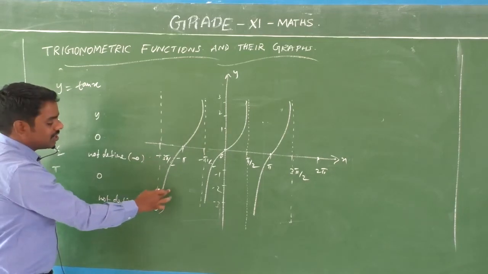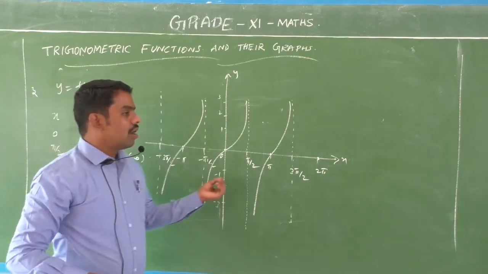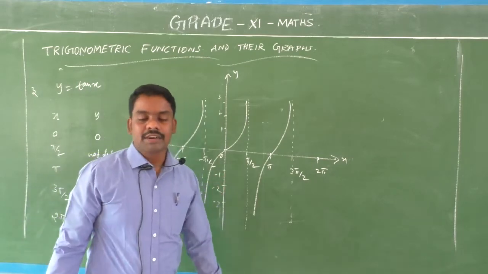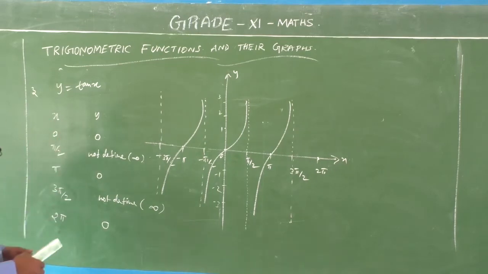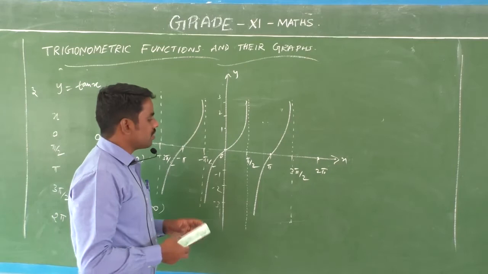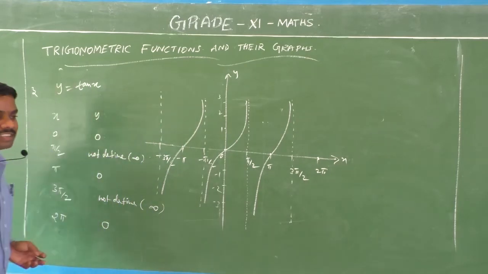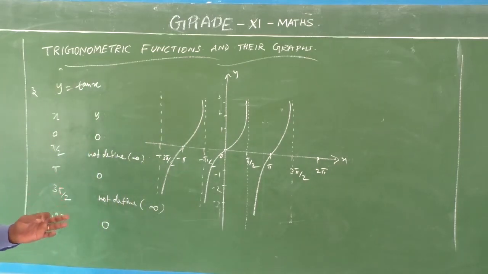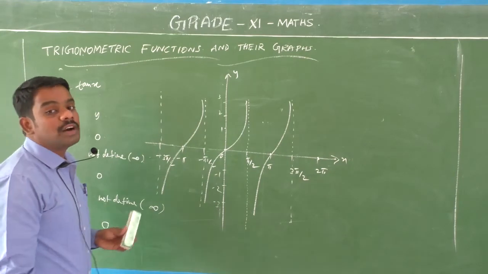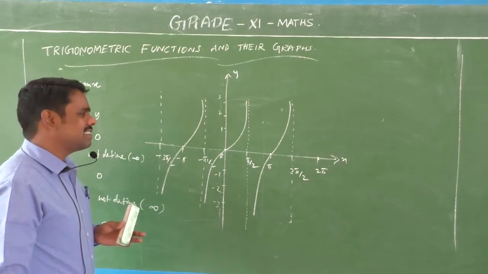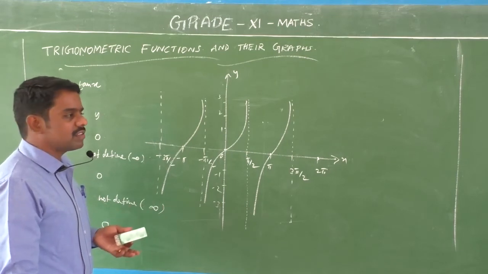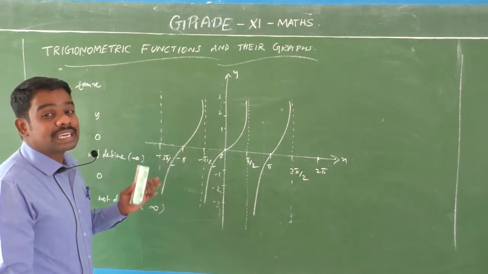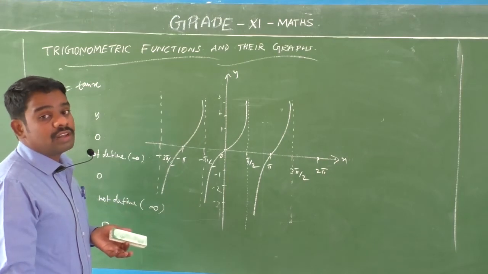The curve does not meet at x equal to odd multiples of pi by 2. This is a tan x curve. Here the domain is x belongs to R except odd multiples of pi by 2, and the range is y belongs to R, the set of all real numbers.